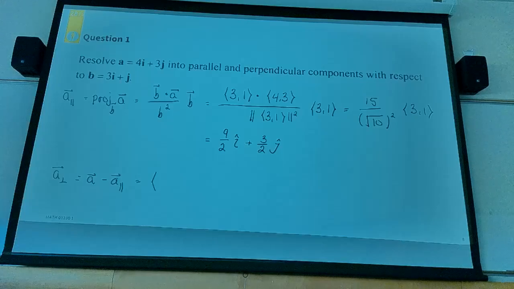So A was 4, 3. Four minus 9 halves. Negative 1. 3 minus 3 halves.